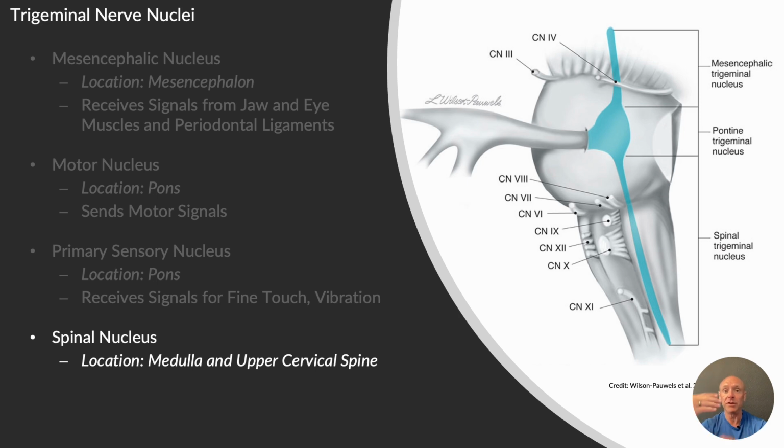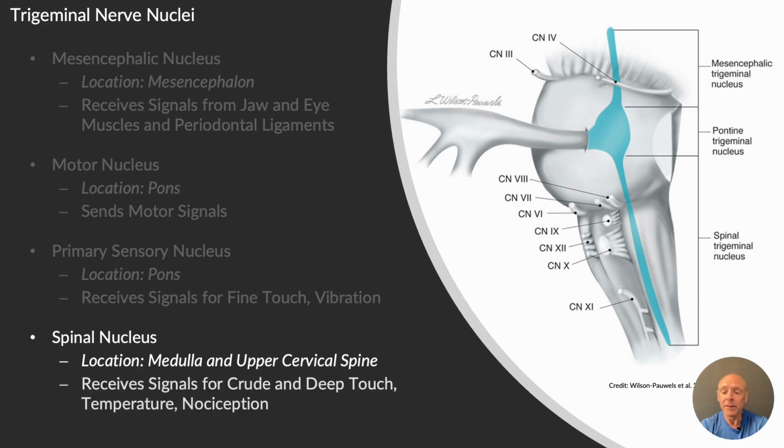That is then going to contrast to the spinal nucleus. The spinal nucleus, which is in the bottom portion, in what's called the medulla, and then in the upper portion of the spinal cord right underneath it, receives signals for crude touch, deep touch, temperature, and then nociception.